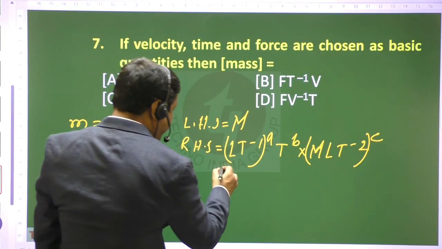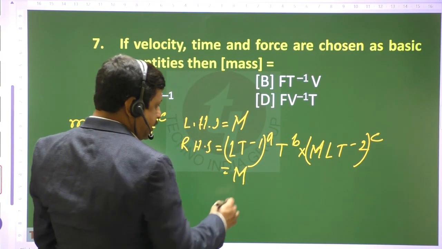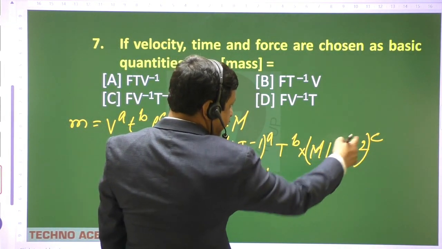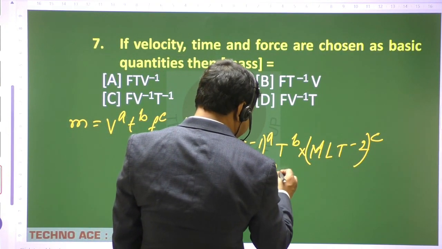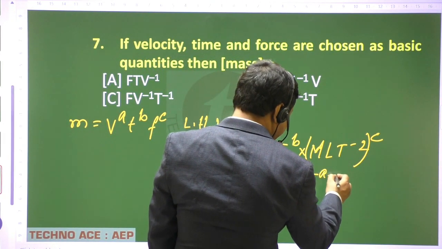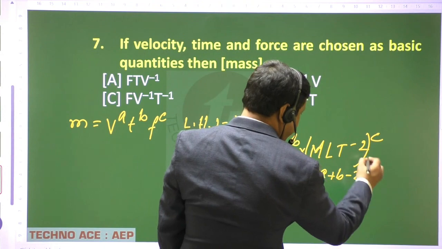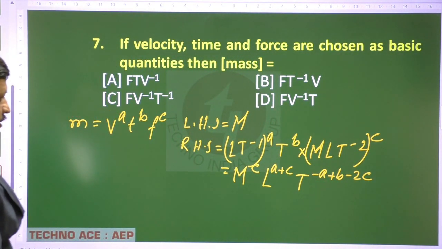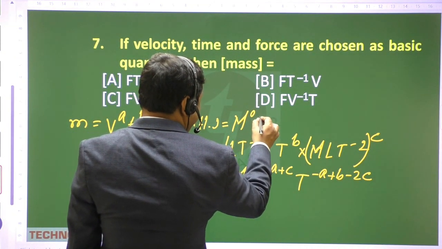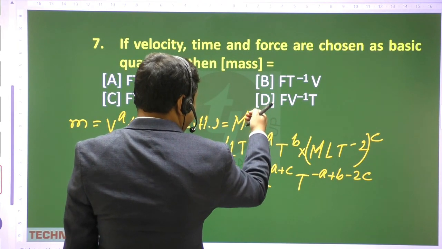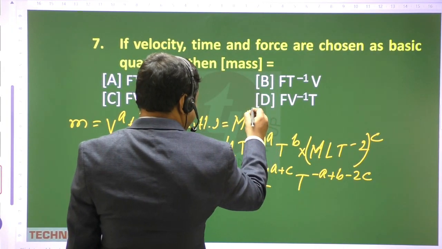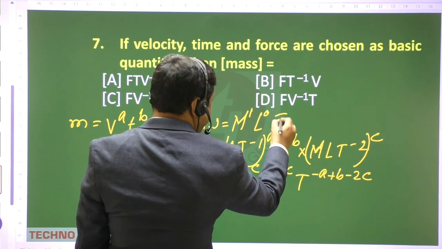That means this will be M to the power c, L to the power a plus c, and T to the power minus a plus b minus 2c. This is the relation. First you have to compare with the left hand side, which is M to the power 1, L to the power 0, T to the power 0.